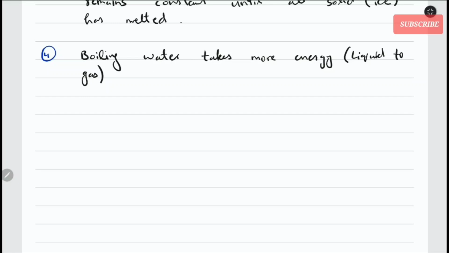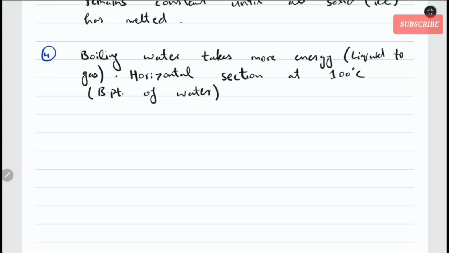So you can see the horizontal section, right? If you look at the heating curve, the horizontal section, if you look at your books, at 100 degrees Celsius, which is the boiling point of water, that horizontal section is much longer. It takes longer, or it takes more time, okay?